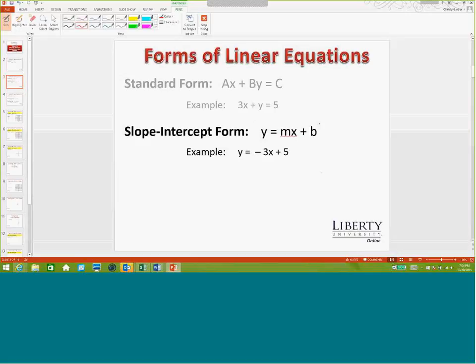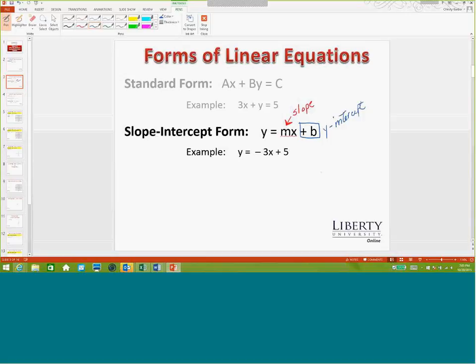Sometimes they want you to put the equation y equals mx plus b, where m, the coefficient of x, is the slope of the line, and then the constant number, including the sign that immediately comes before it, is where that line crosses the y-axis, and that's called the y-intercept.